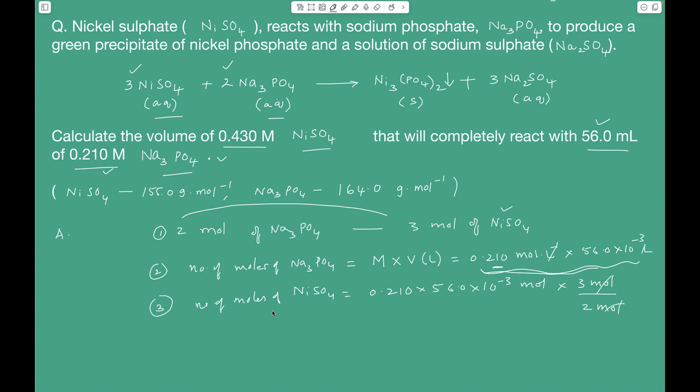So, this is the number of moles of nickel sulfate needed to react completely with 56 ml of sodium phosphate that has this concentration.